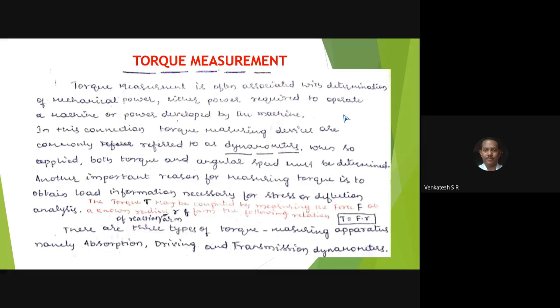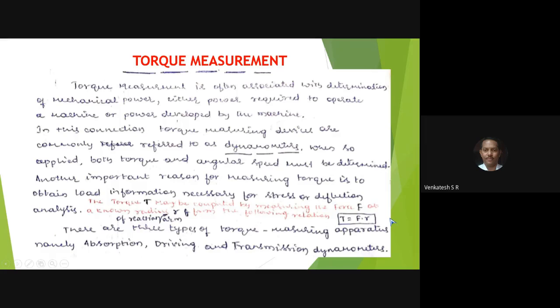Or even you can define it like this: force into radial distance, or radius of the torque arm. Both are same. The torque can be computed by defining T equal to F into r.